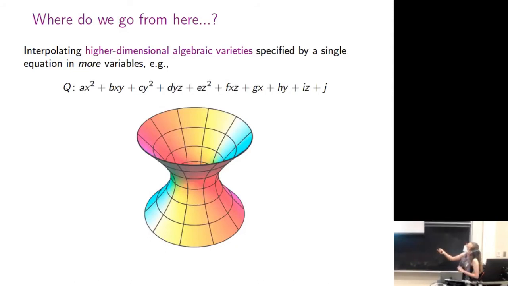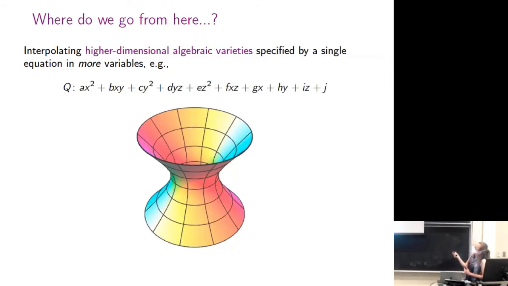That means some polynomial that involves more than just two variables. So it could involve three variables, x, y, and z. The solutions of those types of polynomial equations are higher dimensional algebraic varieties, hypersurfaces, and you could try to interpolate those through points.